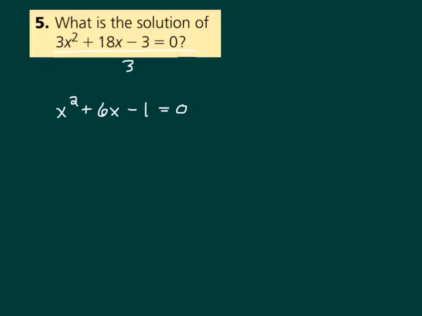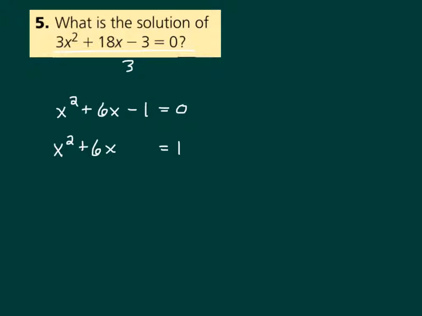So we have this quadratic, and to use completing the square, we don't want this, right? We notice this is not a perfect square trinomial. So actually what we're going to do is we're going to say x squared plus 6x equals 1. We add this 1 to each side. So now we have this empty space where we can complete the square.